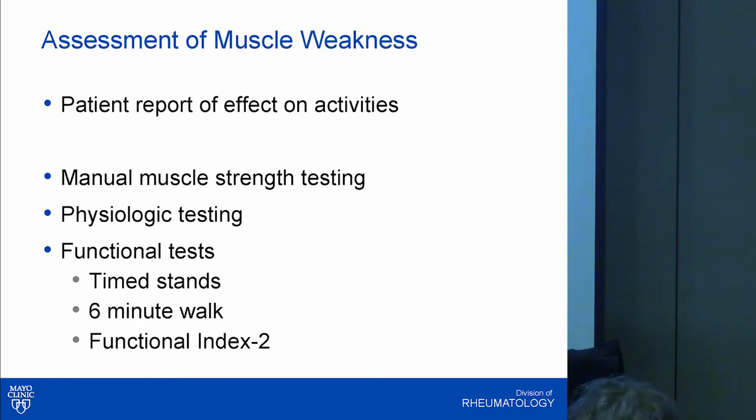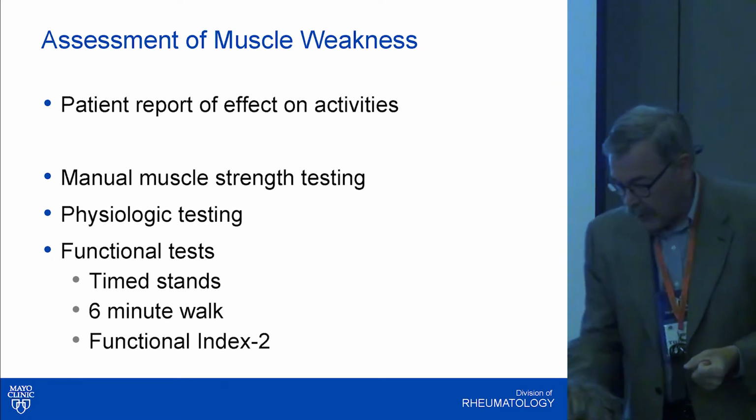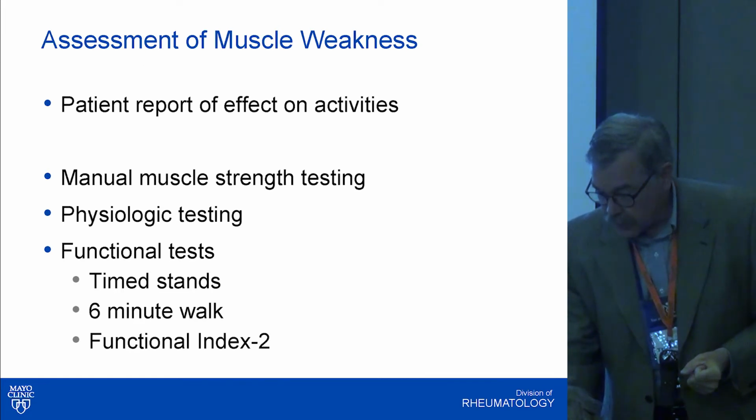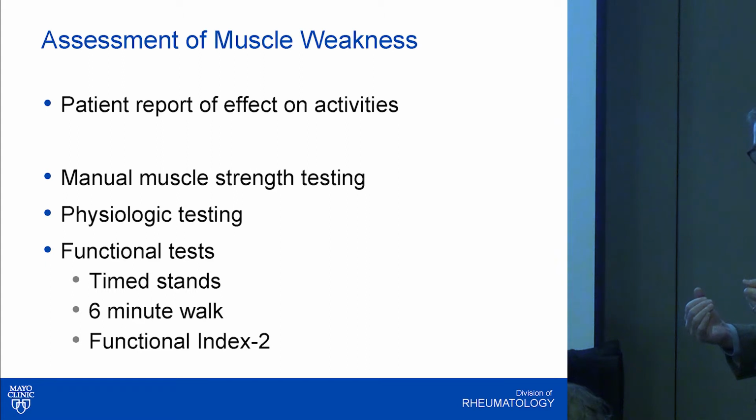And then in the office, we'll test muscle strength manually. It's okay, it's somewhat crude. And then doing physiologic testing where you have a dynamometer, a tool that can measure in pounds or ergs or whatever, how much power there is. Other functional things can include, especially the cardiovascular folks, a 6-minute walk.